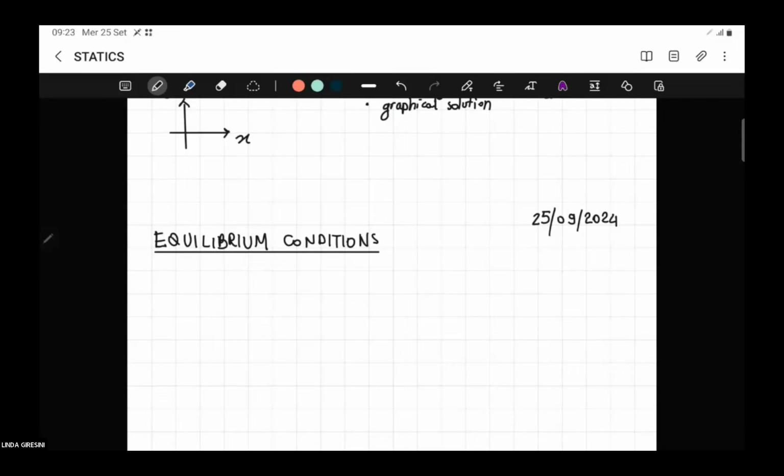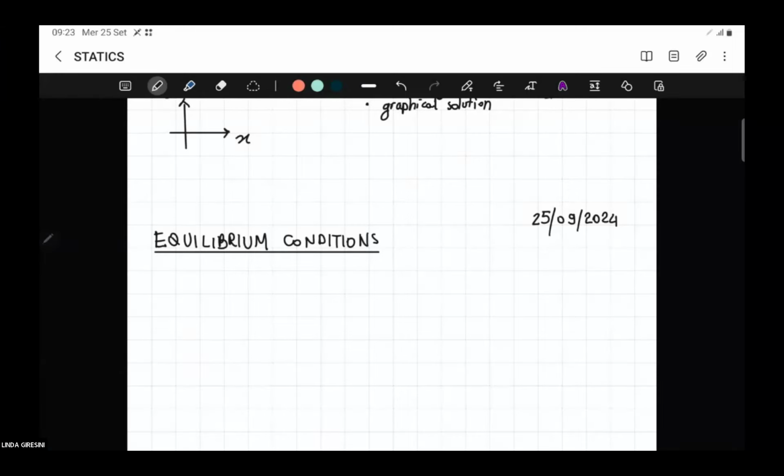We would like to find, given a system of concurrent forces, the force that allows the equilibrium.